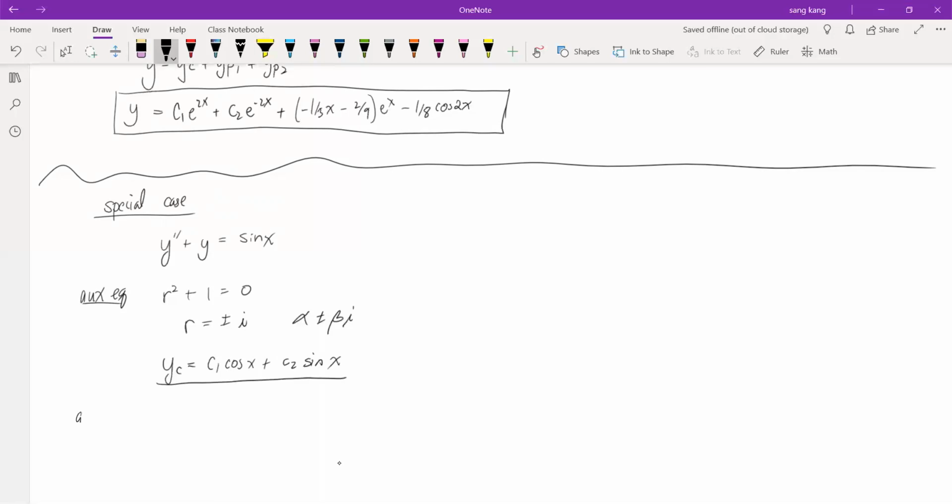Well, if I was to guess my particular, disregarding the complementary, we would have chosen a sine x plus b cos x, which is essentially the same as my complementary solution, right? So we can't have that condition.